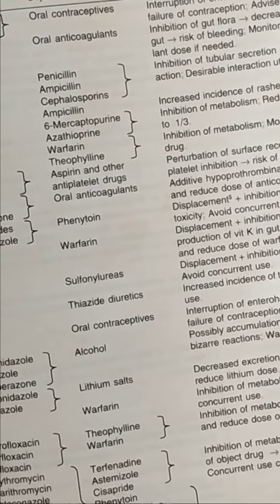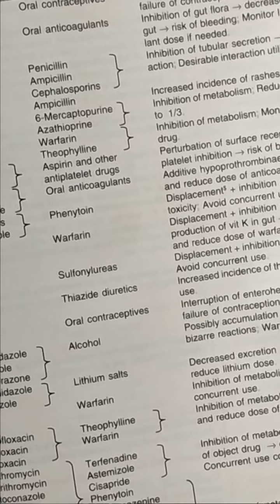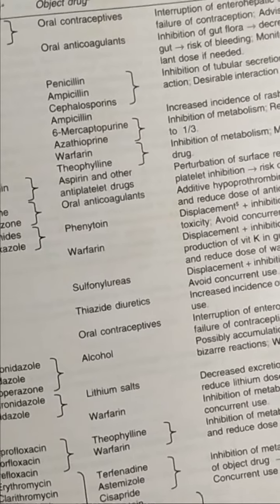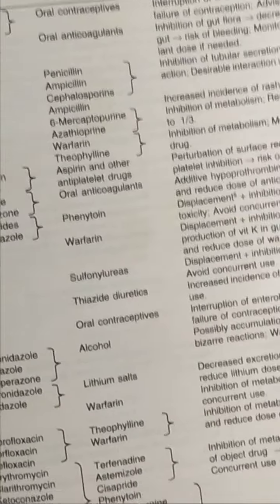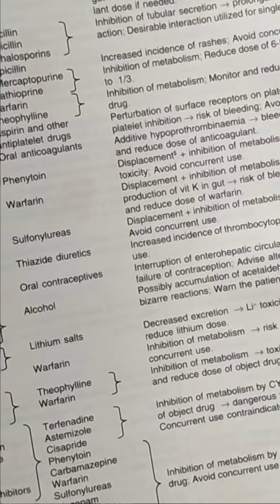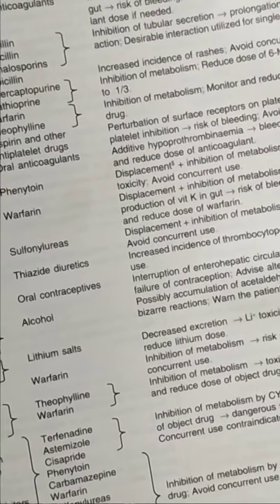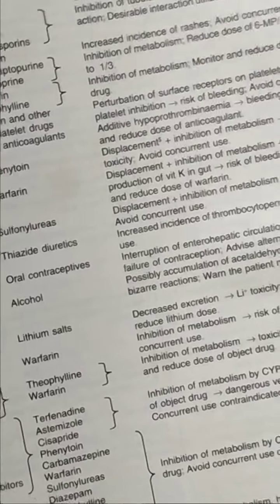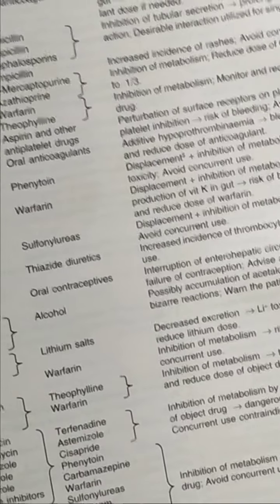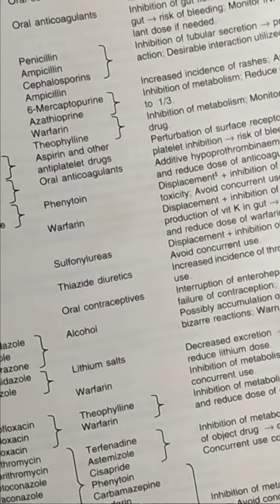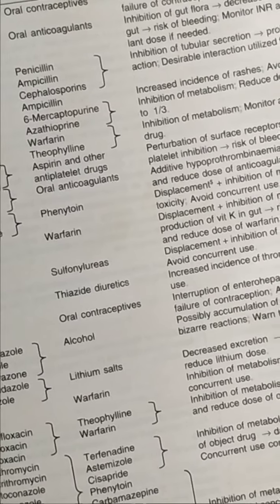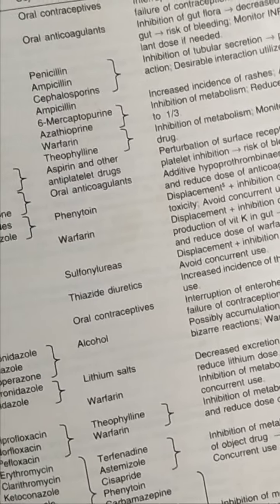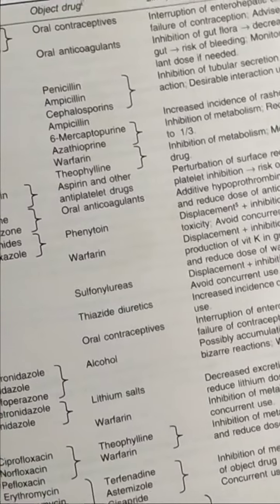Metronidazole, tinidazole, cefoperazone with alcohol: we already know alcohol consumption is prohibited because it is very dangerous to us. But when you take alcohol with metronidazole or tinidazole, it causes accumulation of acetaldehyde and disulfiram-like reactions will occur.